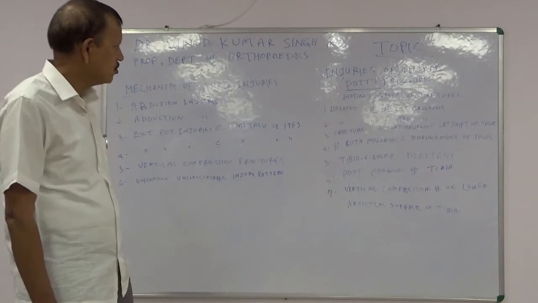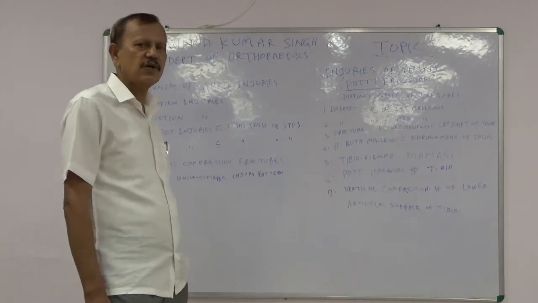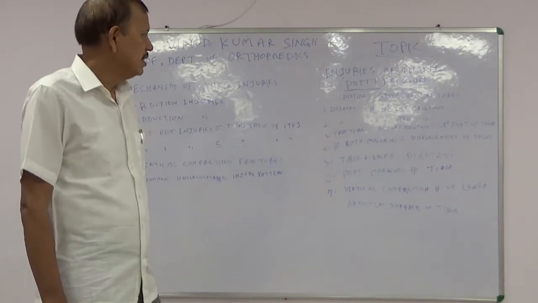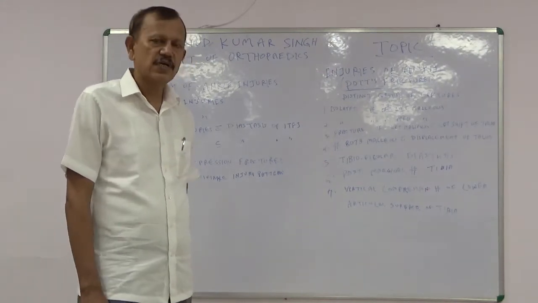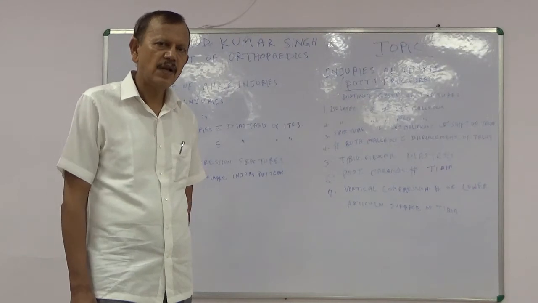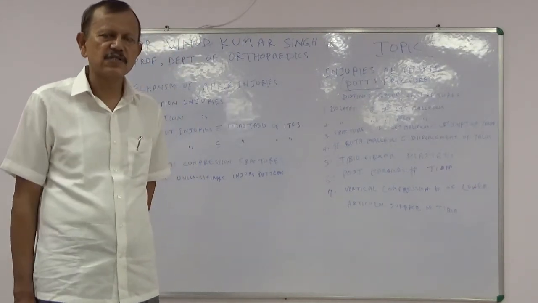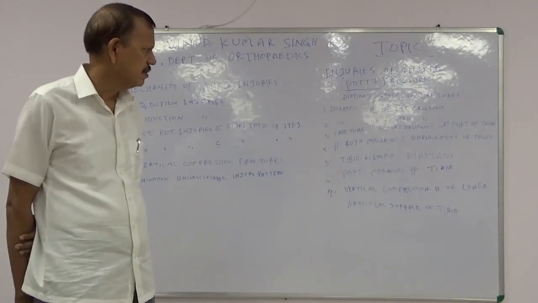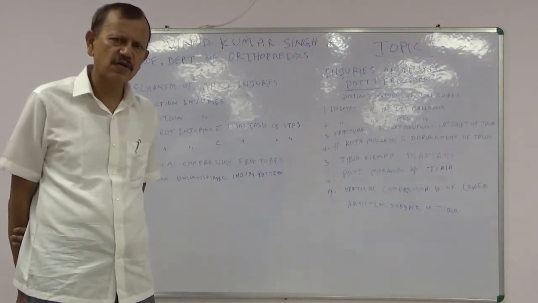Secondly, osteoarthritis. If the fractured articular surface has not been properly reduced, then there may be secondary osteoarthritis, which causes restriction of movement due to articular surface involvement, and this may be severe, but it develops after a long time, after many months or years.